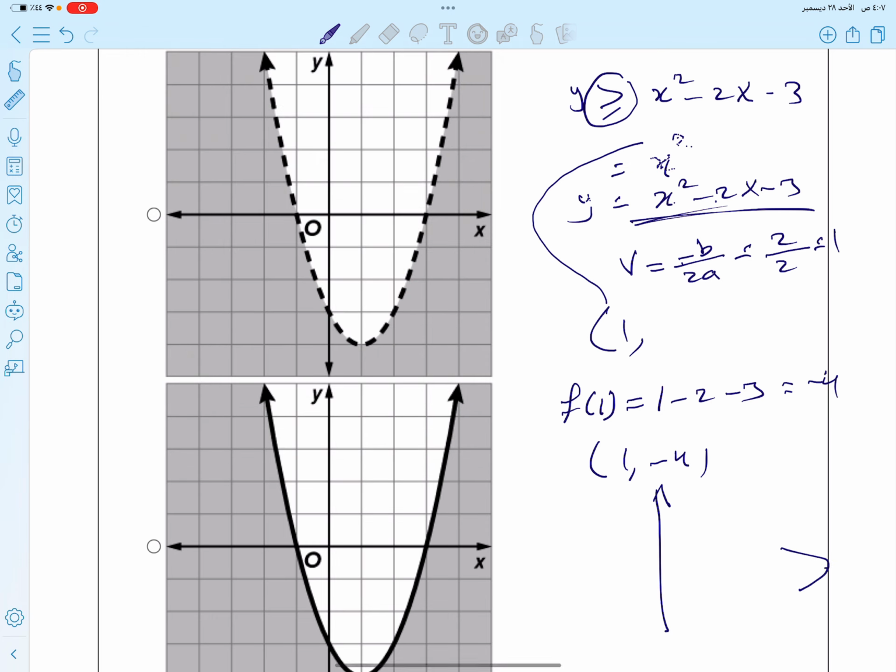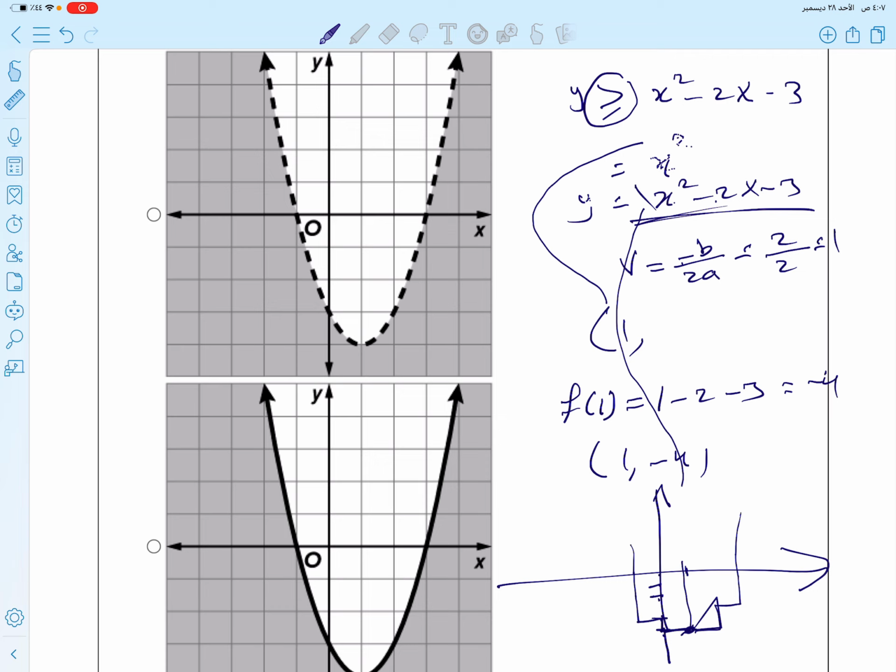Now I graph it. 1, minus 4. This is the graph. The parabola opens up, because the coefficient of x squared, 1, is positive. So I need to use the method I taught you, going over 1 and up 1, over 2 and up 3.